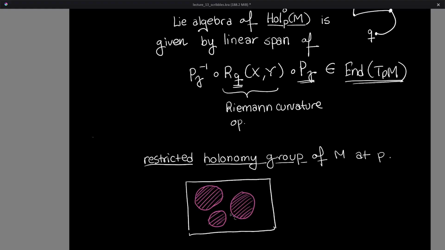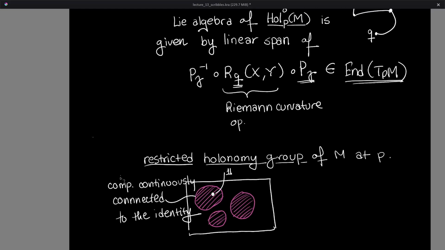So if we have this sort of shape, and let's say that this part of the manifold has the identity element of the group in it, this would be called the component continuously connected to the identity. And if this was a group in and of itself, then that would be called the restricted group. Maybe you've heard of, let's say, the restricted Lorentz group. That's the same idea there. It's the part of the Lorentz group that is connected to the identity. The Lorentz group itself comes in 4 pieces. So, okay.